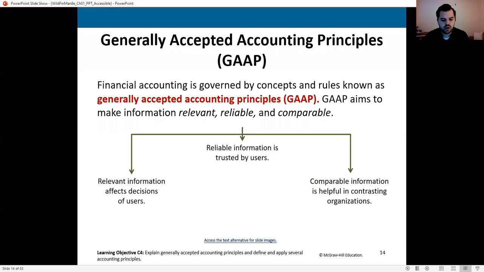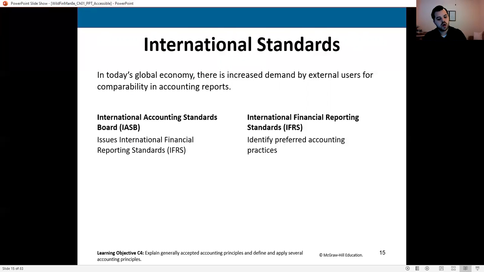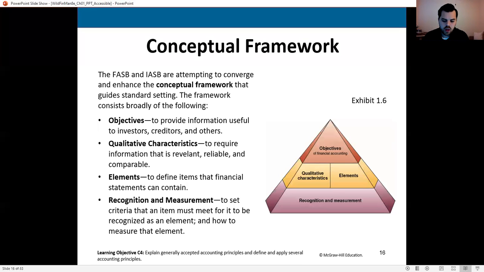Now, if we flip back very briefly, financial accounting that we talk about in the United States is dealt with by the FASB, the Financial Accounting Standards Board in the US. But notice it is the IASB, the International Accounting Standards Board, for the global people, for the other countries within the world.